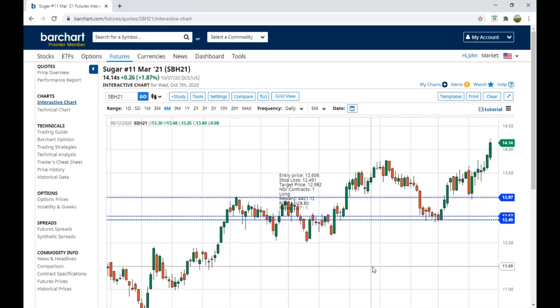I'm looking at that 3-to-1 ratio. Now, if price gets above there, if price breaks out of this range, then that would give me permission to move my stop from this stop loss position to break even. That's what I'm going to try to achieve on this one.